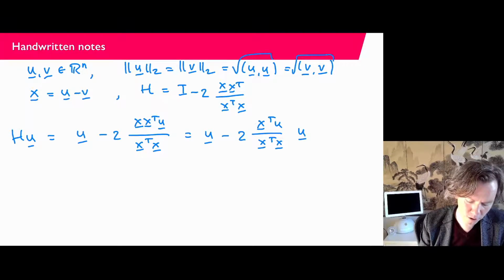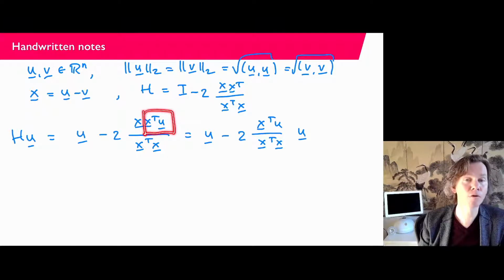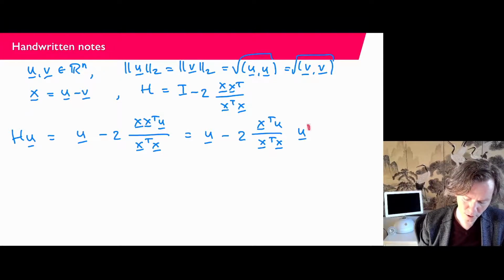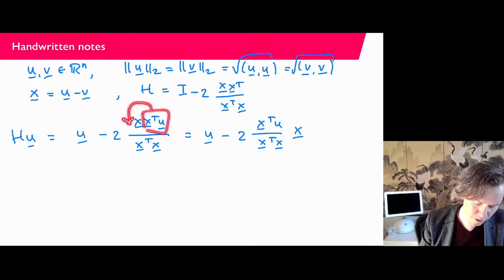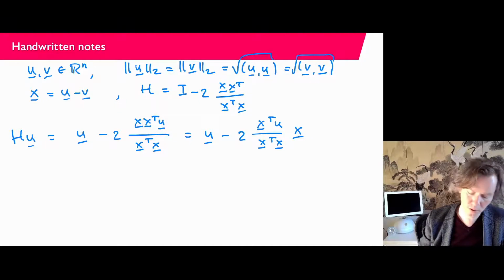So what I did here is I recognized that this is the inner product of x and u, which is a number, and I can write that in front of the vector u. Sorry, I did it incorrectly. This should of course be x. Sorry about that. So I write this in front of the x, and then we have this expression.